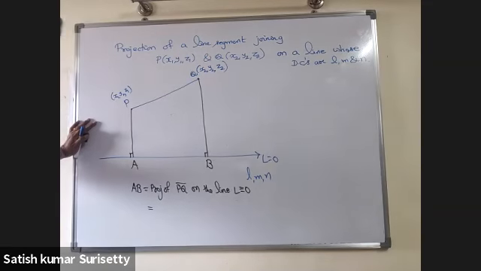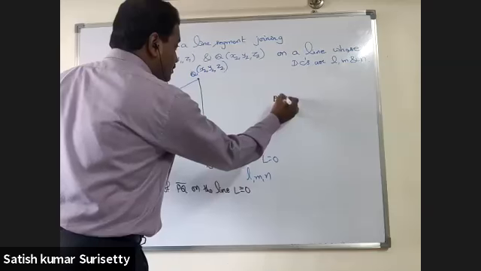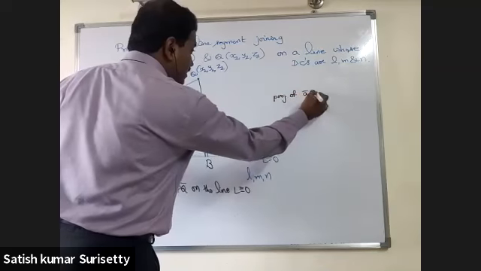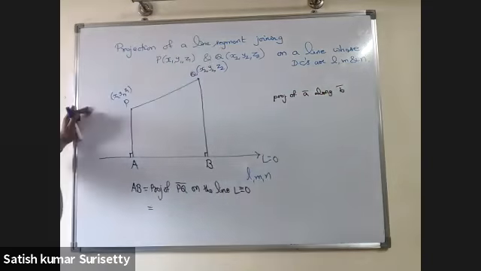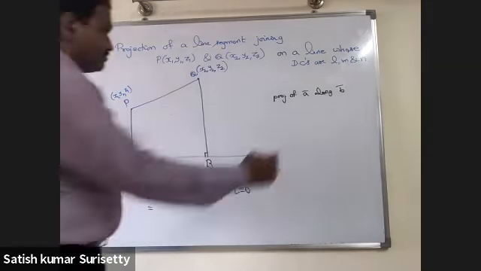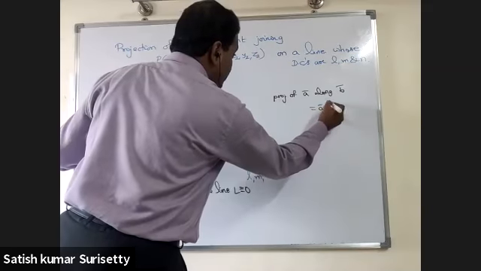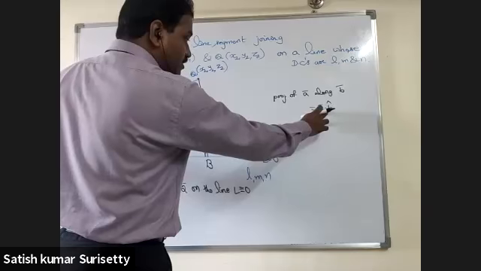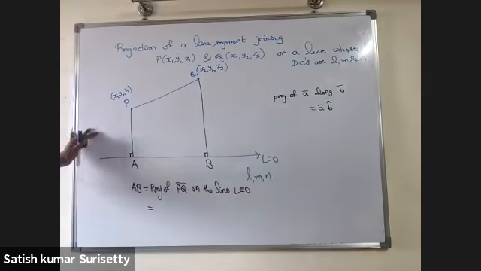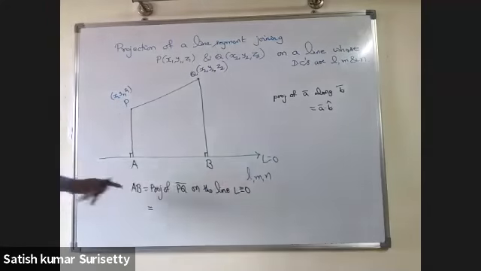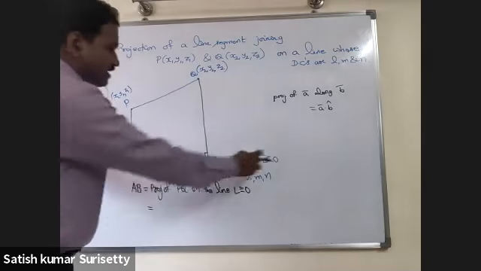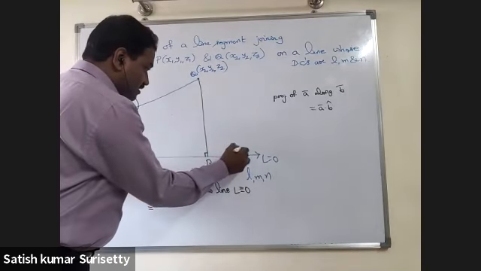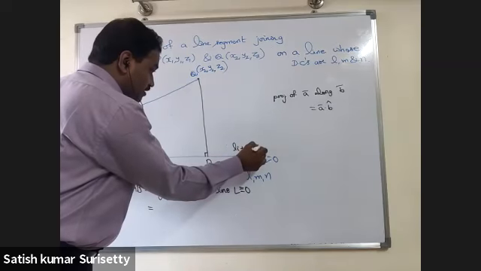Have you remembered the projection of one vector on another vector? What is the projection of A bar along B bar? A bar dot B cap. That means we need a unit vector in this direction. When you know the direction cosines of a line, the unit vector in this direction is Li plus Mj plus Nk.